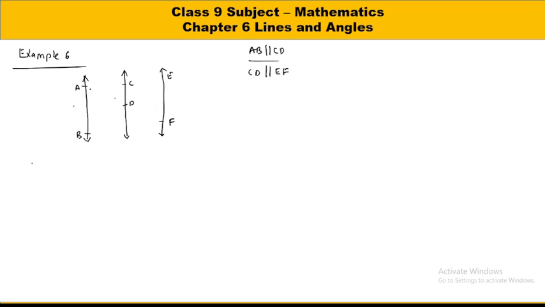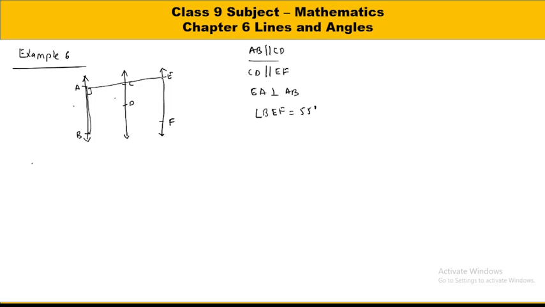Also we can see that EA is perpendicular to AB. So here it is 90 degrees. Angle BEF is given as 55 degrees.